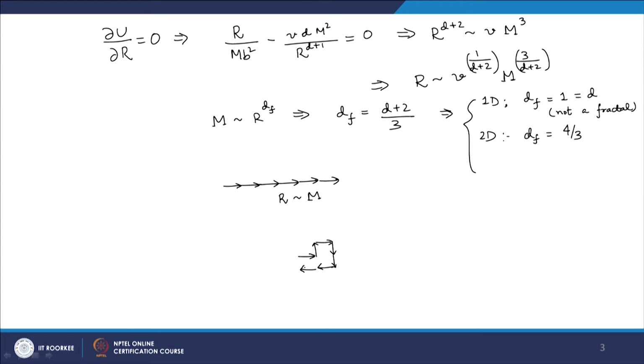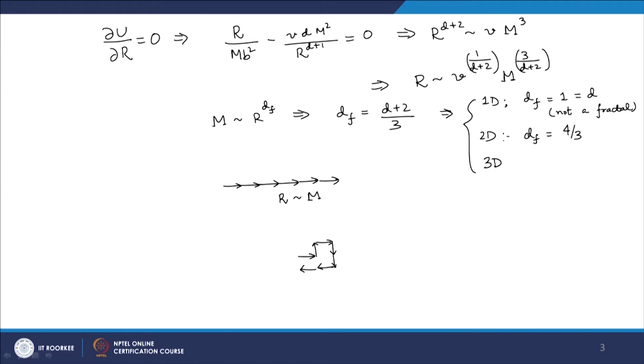This, for example, contains steps which are both in the x and y directions and both in positive and negative directions, but still it is self avoiding because there are no overlaps of steps. So, this is a fractal, and for 3D of course df is 5 by 3.